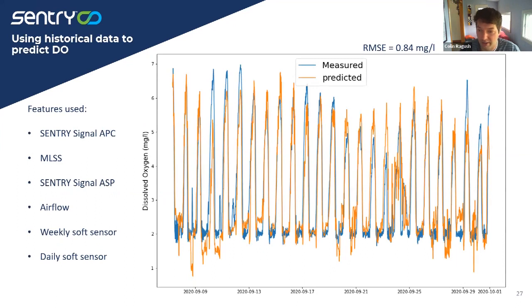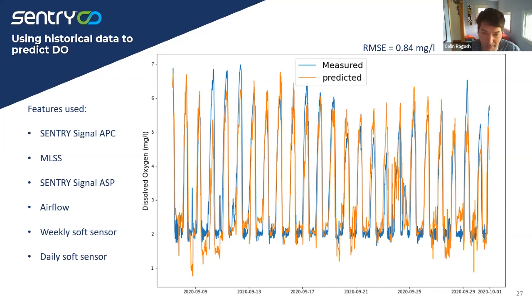Now, getting into some of the modeling results, this was one system, not the Barnfo 5. It has 2 Century signal sensors after the primary clarifier in the aerated sludge process. I was utilizing MLSS, airflow, and weekly soft sensors and daily soft sensors.